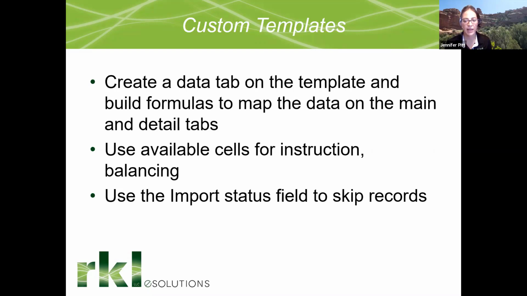I covered that, but I didn't quite show you what that was, so I want to show you so you can start thinking of how this could work for you. We can add balancing total fields on the import status column, and make notes to skip records as necessary. So here are some examples of how a custom template might look.